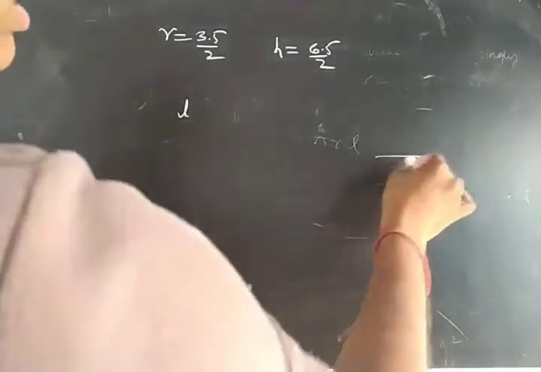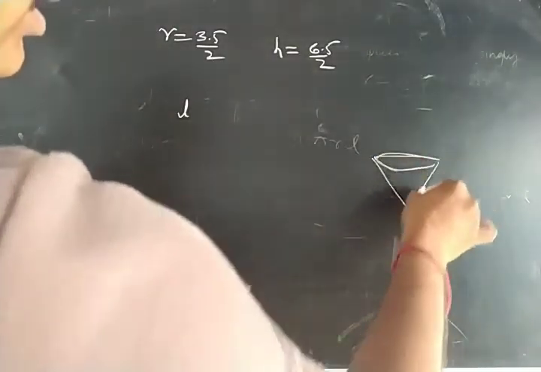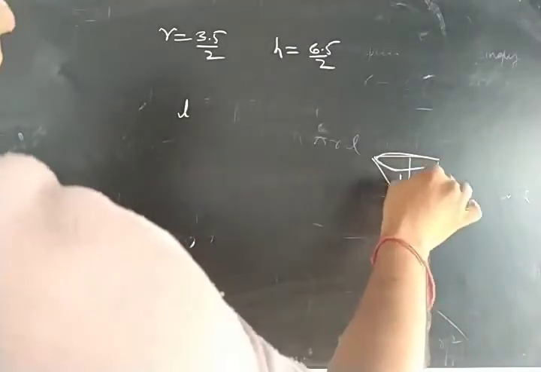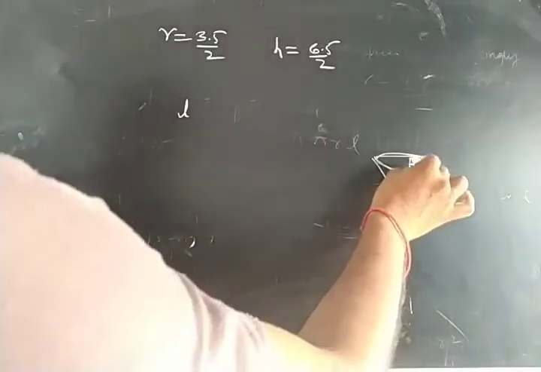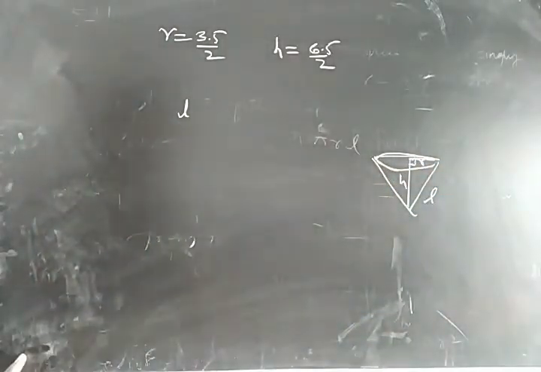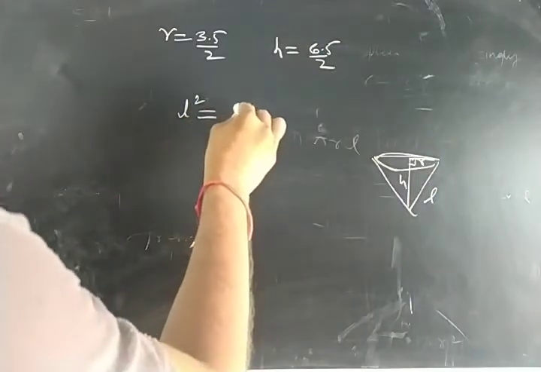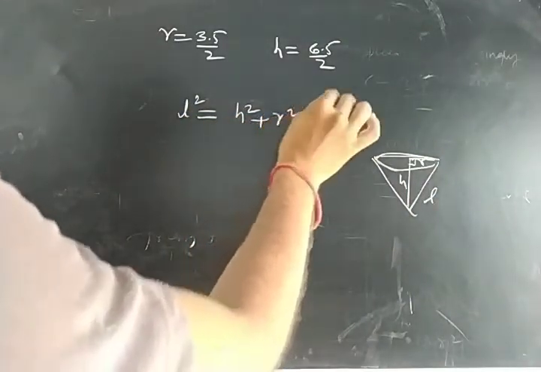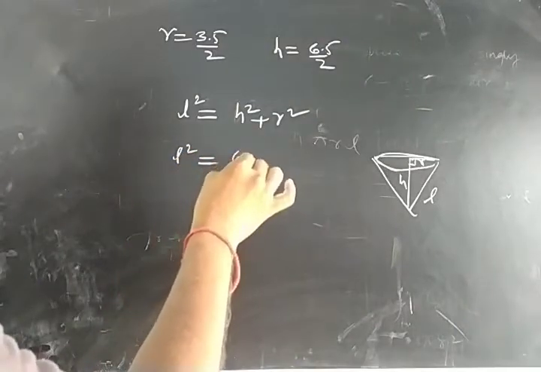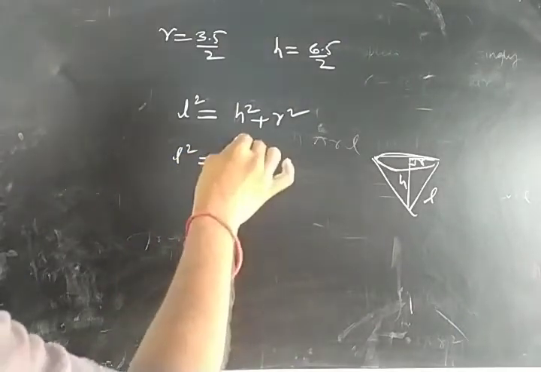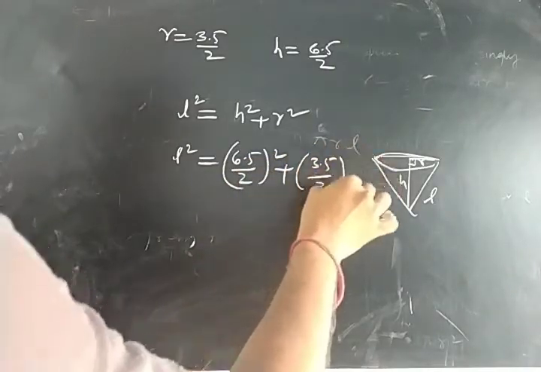In the cone, observe here, this is the slant height, this is the height of the cone, and this is the radius. And the height is perpendicular to the radius. So by Pythagoras theorem, we know that L square equals h square plus r square, right? L square is equal to h square, 6.5 by 2 whole square, plus r square, 3.5 by 2 whole square.